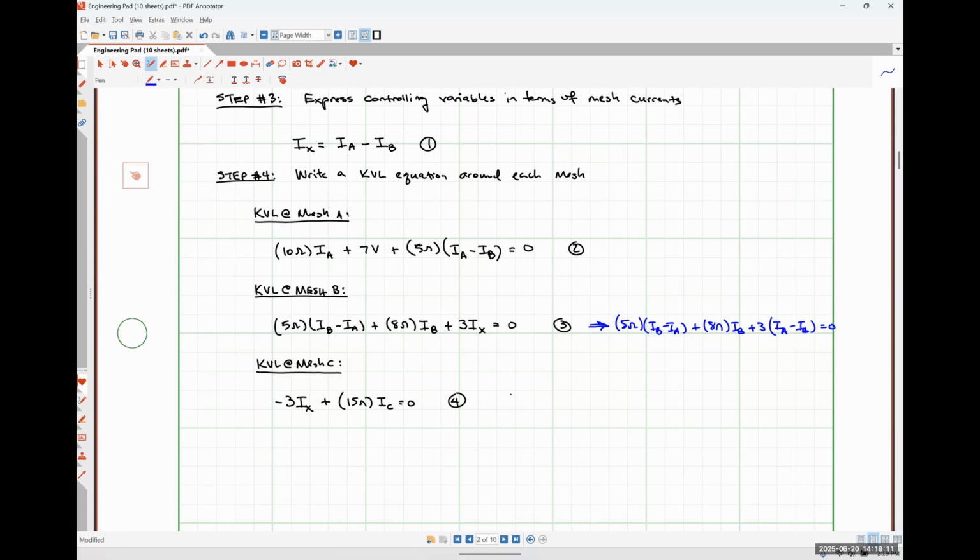For this guy over here, that's going to be negative 3 times (IA minus IB) plus 15 ohms IC is equal to 0. And I'm just going to pretty this equation 2 up as well by moving my constant term over. So that's going to look like 10 ohms times IA plus 5 ohms times (IA minus IB) is equal to negative 7 volts. And now I'm going to solve these 3 equations in my calculator real quick.